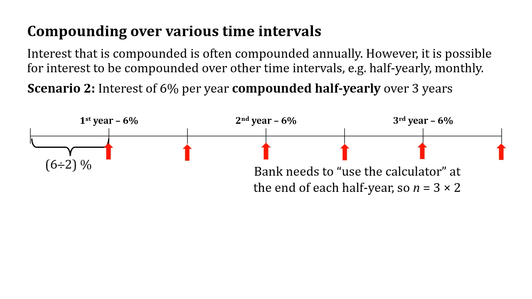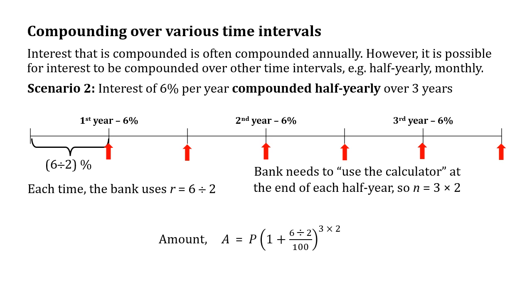So it is 6 divided by 2. All right. So the bank in its calculation will use R equals 3. So you can see what happens to the formula. A equals P, and the power is not 3 but 3 times 2, because every year is now split into 2 halves. And the rate is not 6, but now 6 divided by 2, because every year the interest is now split into 2 halves.